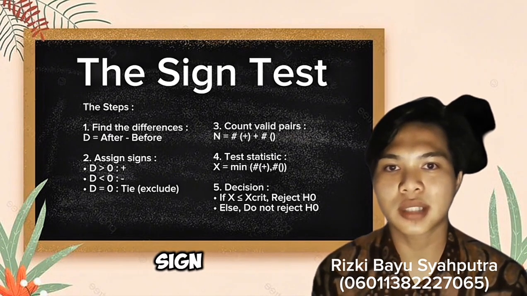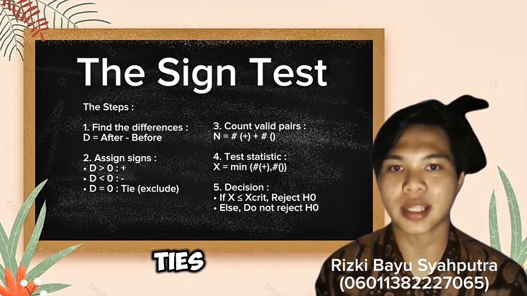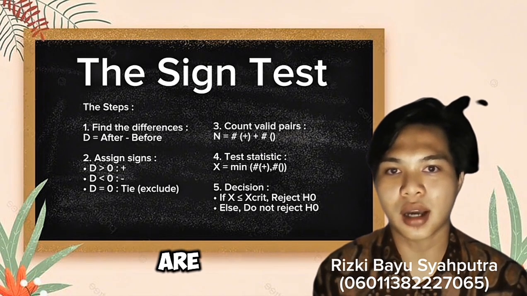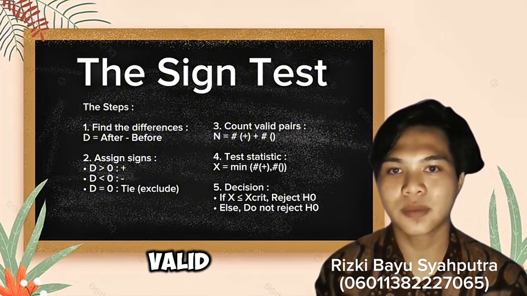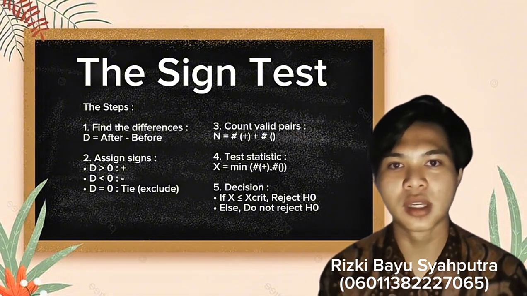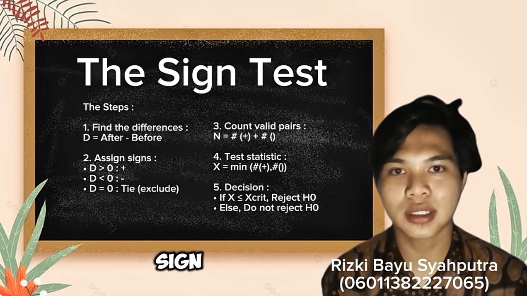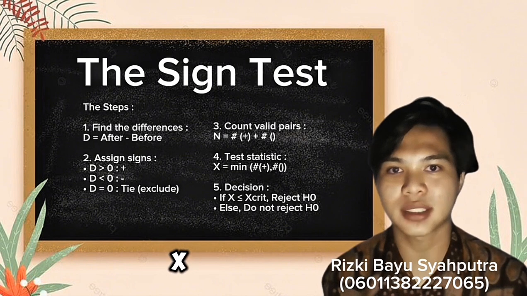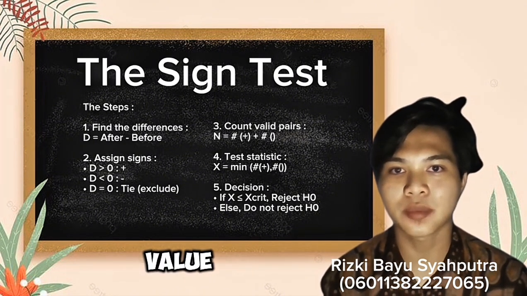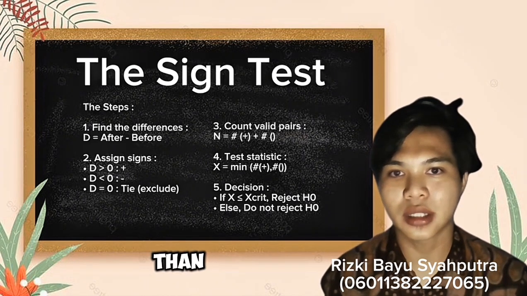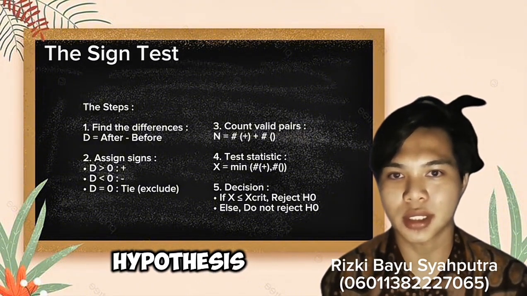Then we record the sign of the difference: positive, negative, or zero for ties. Tied scores are removed from the analysis and we update the number of valid pairs accordingly. Then we count the number of pairs with the less frequent sign. This is our value of x. Finally, we compare the value of x to a critical value.